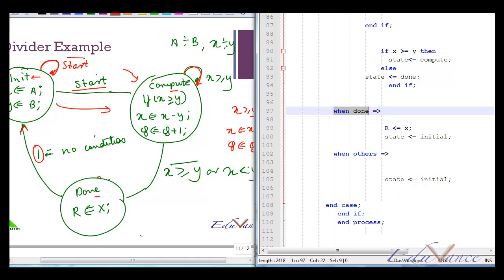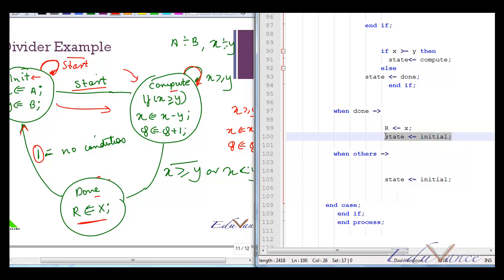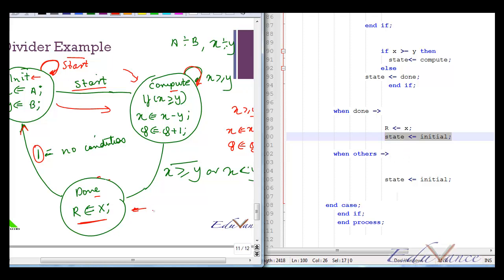So I write the OFL statement here. This is my OFL statement, which is R is X, meaning the remainder gets X, and the state that I have to go to is initial. So here there was only OFL, no NSL.